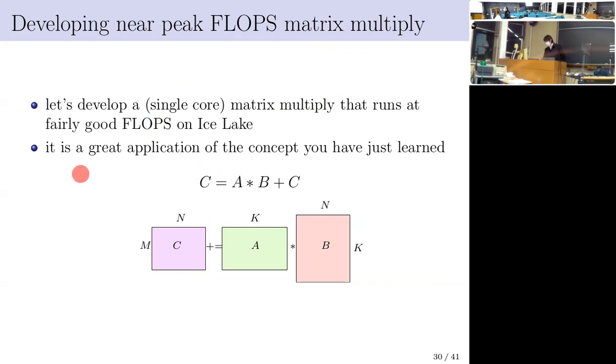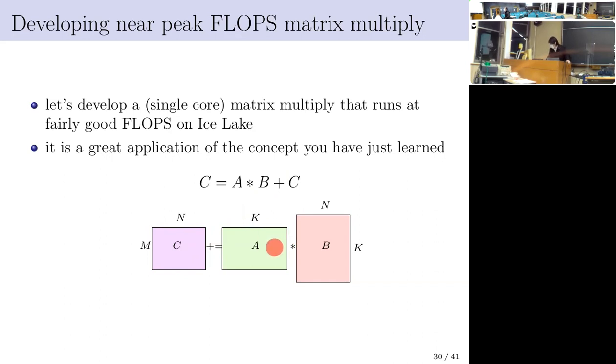And like I said several times, it is a great application of the concepts you have learned recently, SIMD and ILP. Specifically, we are developing code that does C equals A multiplied by B plus C. In other words, it's like C plus-equals A times B, right?